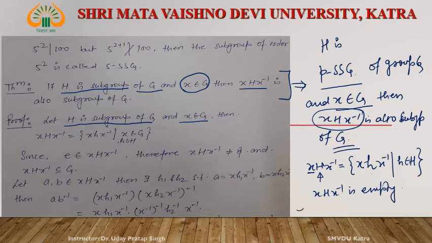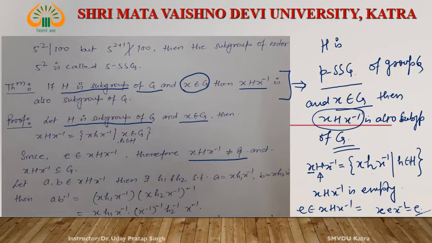Why? Since e belongs to x H x inverse, right? Why? This e is equal to x e x inverse. Since H is a subgroup, therefore e belongs to H. So x H x inverse is not empty.